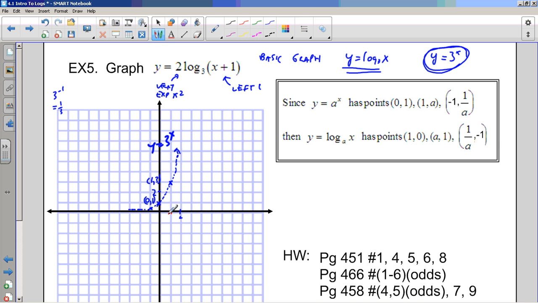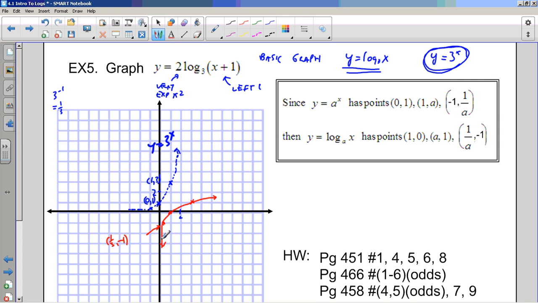So here's this point, 1, 0, and then the base, 1, and also 1 over the base, so 1/3, -1. Right, that's the point. 1 over the base, -1. All opposite points of this. Okay. And that gives us the same things that we saw in the 3-minute review as far as domain and range are concerned.